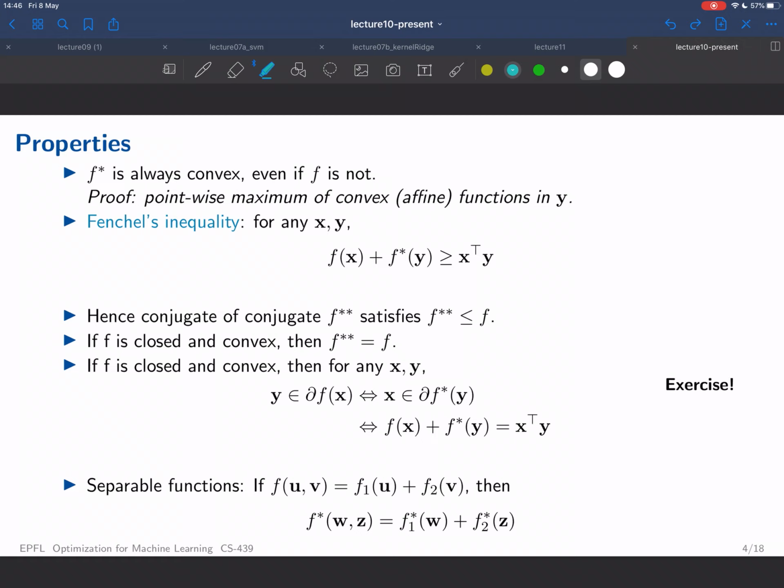So if the function is such that its first part is only depending on u, plus something which only depends on v, then you have this particular structure. And if you have that, then the conjugate of this function is very easy to compute. It's actually the sum of the original conjugates.